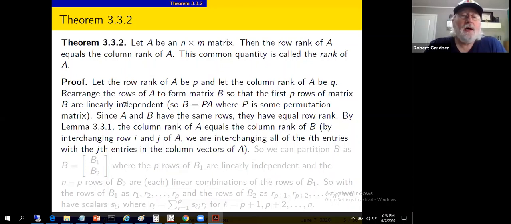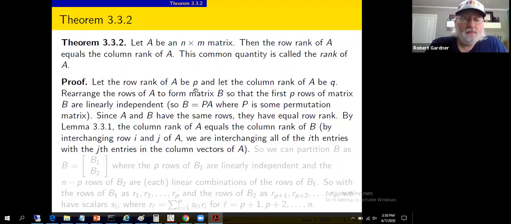Rearrange the rows of A to form matrix B so that the first P rows of matrix B are linearly independent. Here's what's going on. In matrix A, the rows span a space of dimension P, because P is the row rank. That means there's a basis of the row space that contains P vectors.